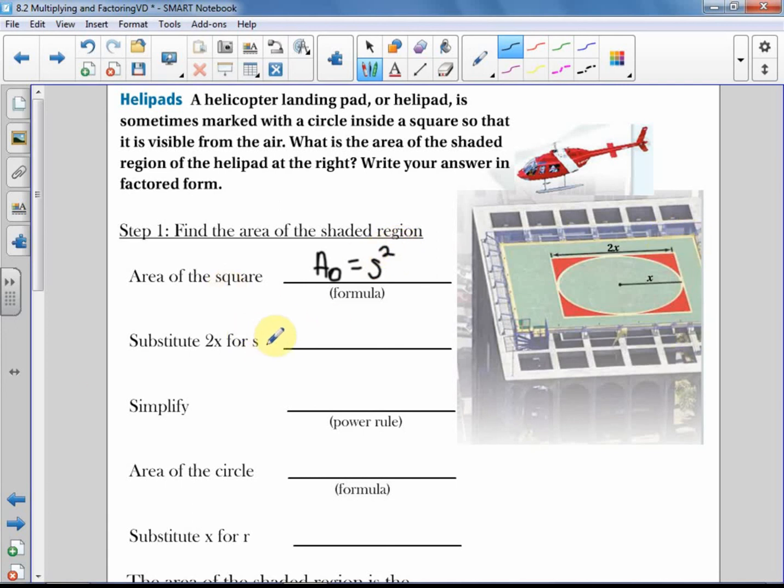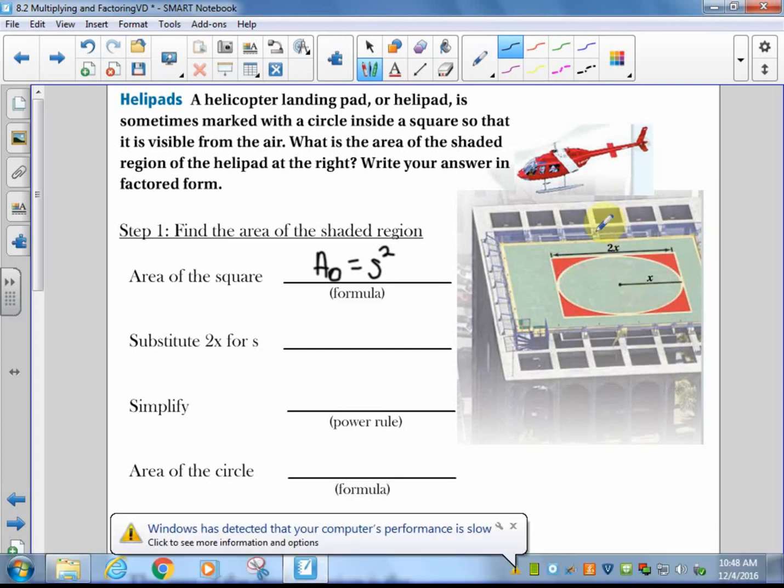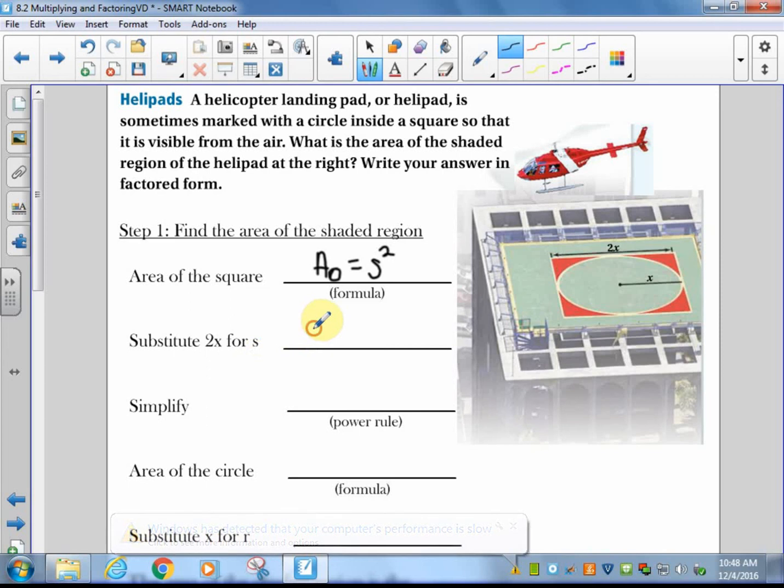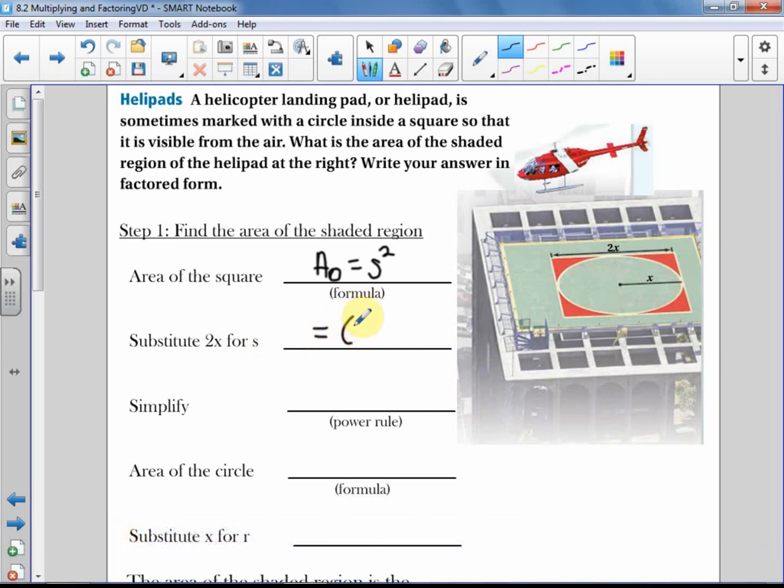I'm going to substitute 2x for s, since it is a square, I know that each one of my sides will be length 2x. We don't have the exact length of each side, but it's giving us 2x.